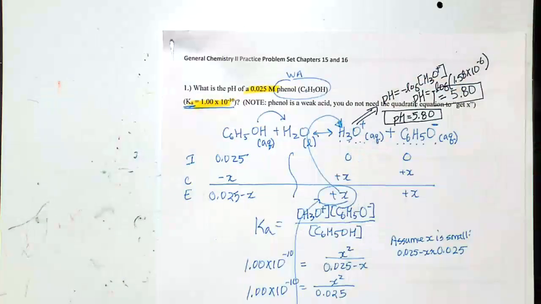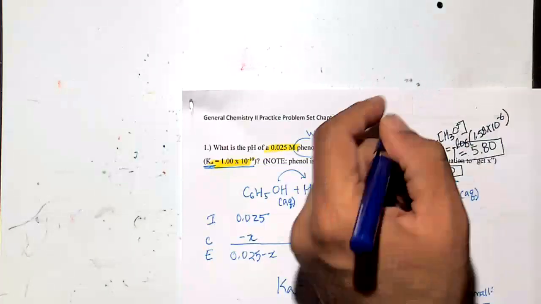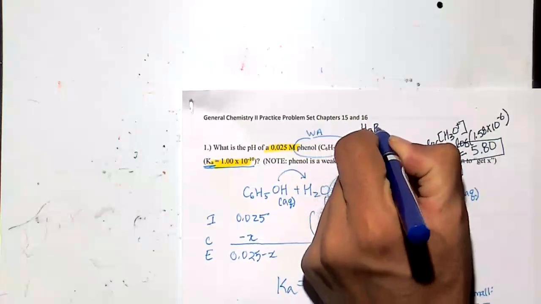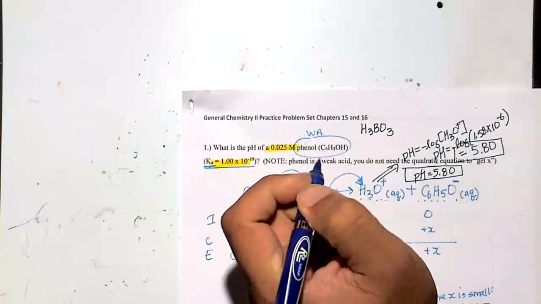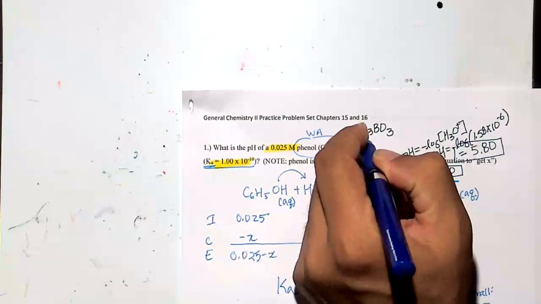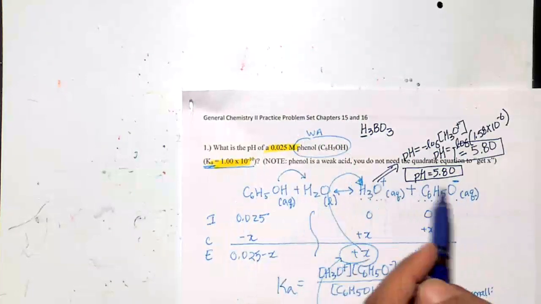So this is very similar to the exam, but on the exam you won't be given phenol. You'll get a different weak acid with a different Ka. Is that okay? You'll do the exact same thing. I think on the exam it's going to be boric acid, though I do not know. One of the protons leaves. Even though it's triprotic, one of them leaves and goes through this.